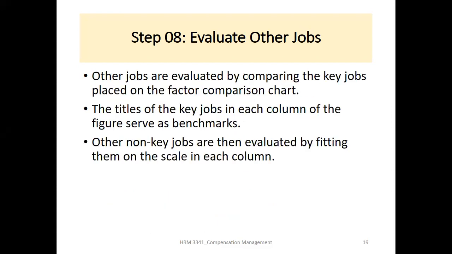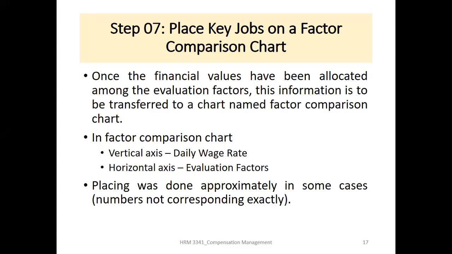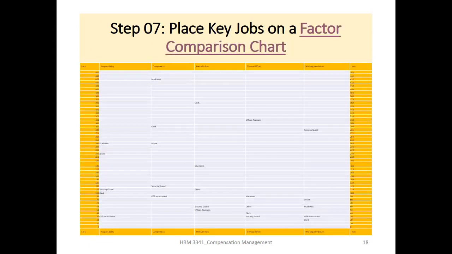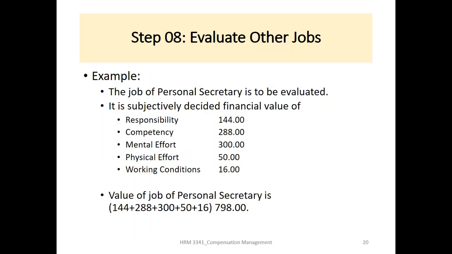The second factor is competence. Likewise, based on these factors, we need to locate the secretary of the organization. Then we can assign financial values. And then by accumulating or calculating the total financial value, we can identify the relative worth of the job. The job of personal secretary is one example of non-key jobs.